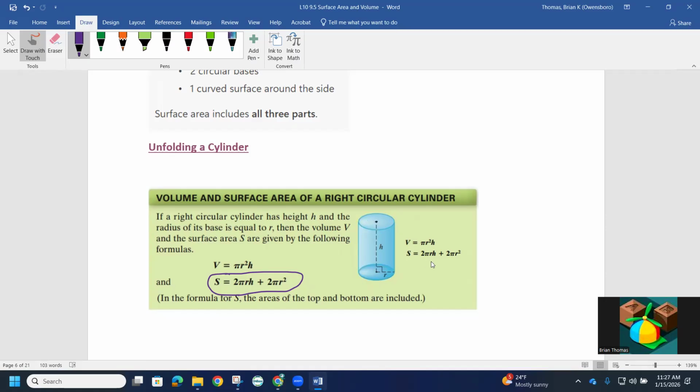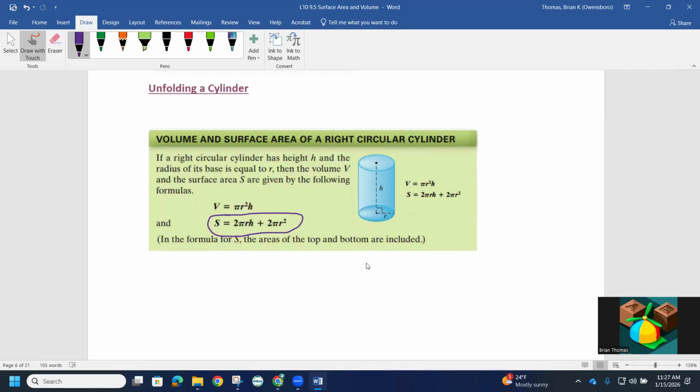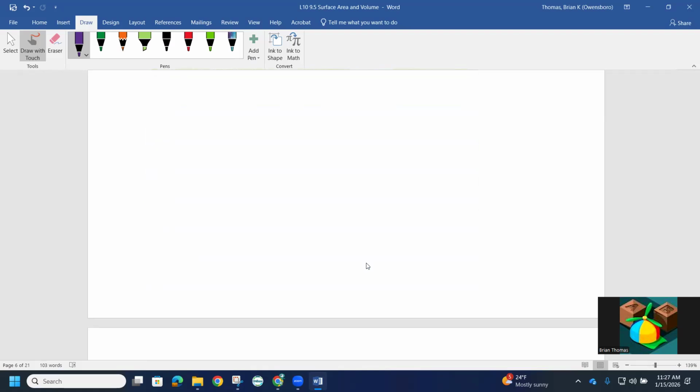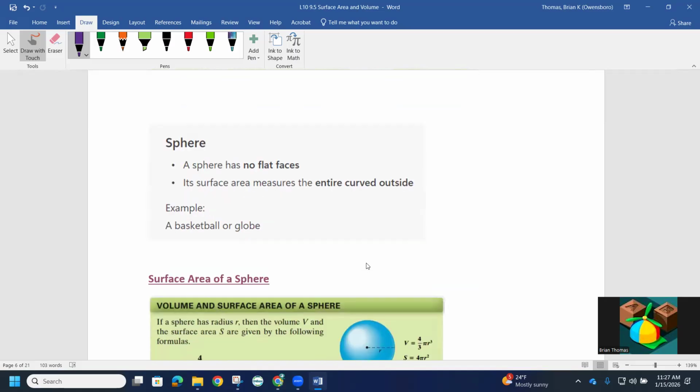The other part gets a little trickier because 2 pi r represents this rectangular edge if we unfolded it, and then the height represents the other edge of that rectangle if we unfolded it out. So that's how we can find the surface area of a cylinder. So we'll pause here and we'll talk about a sphere in the next video.